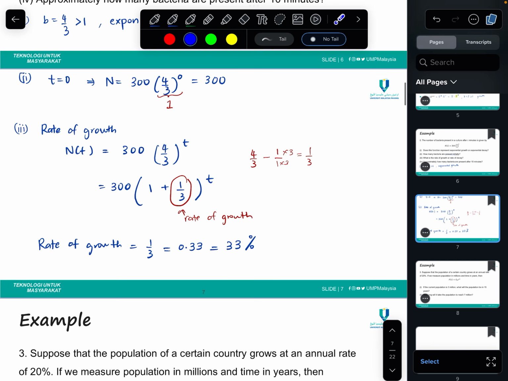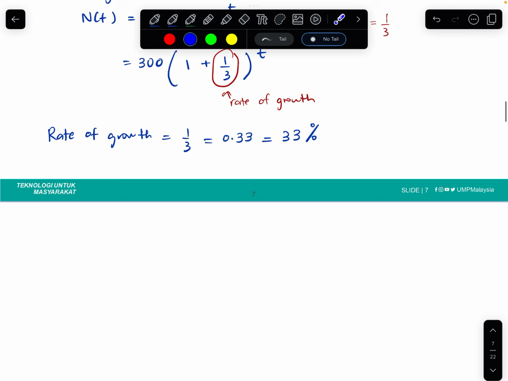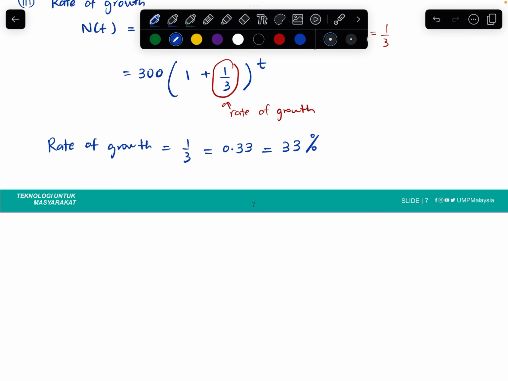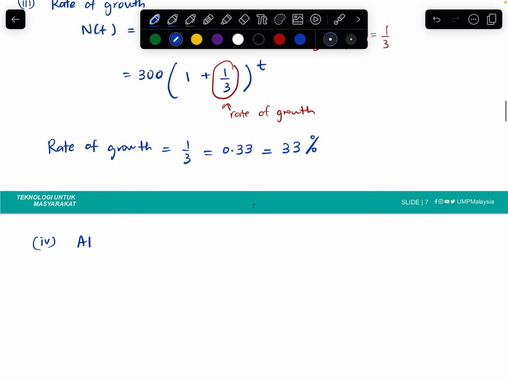So to answer that question, you want to find the number of bacteria present after 10 minutes. So at t equals 10, your n is 300 times 4 over 3 power of 10, and you will get 5327.32.